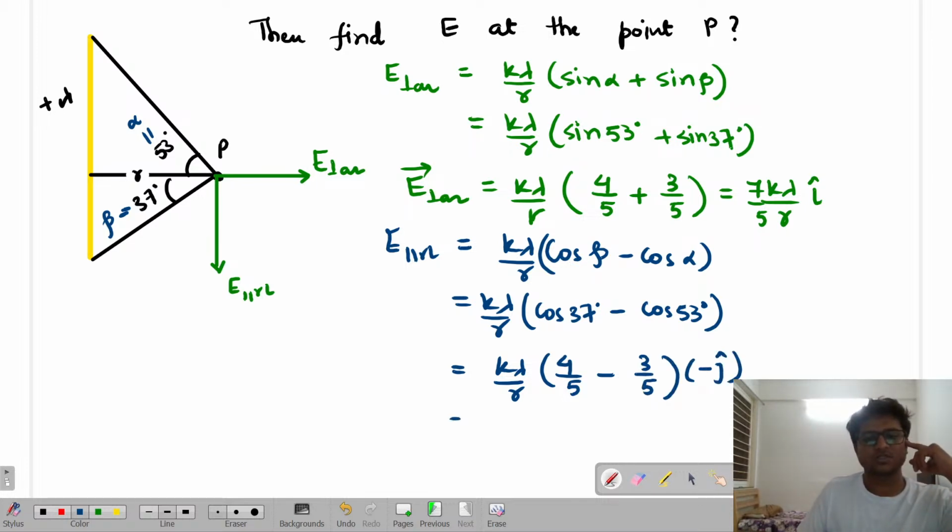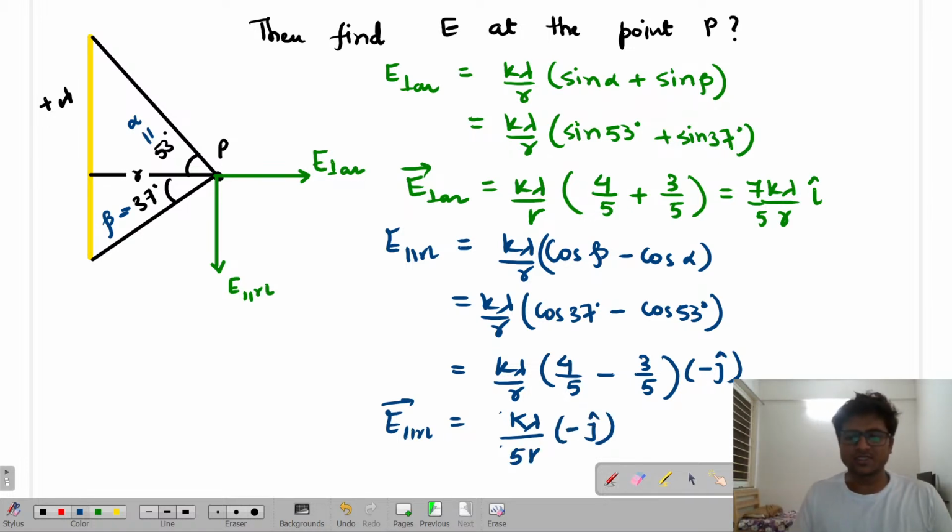So this is 1 by 5 k lambda by r. So the E parallel vector is k lambda by 5r in the minus j cap direction.